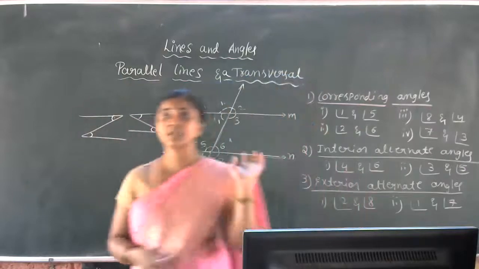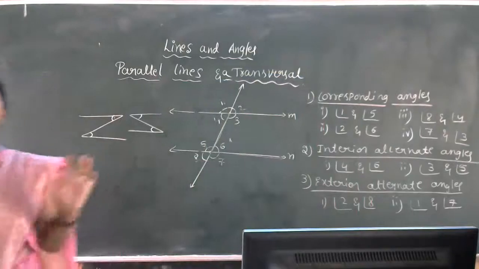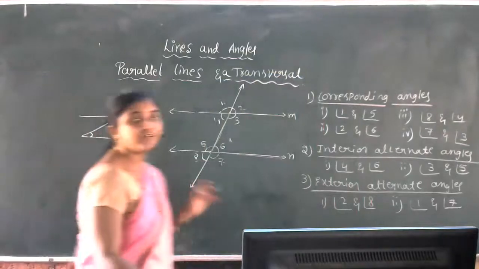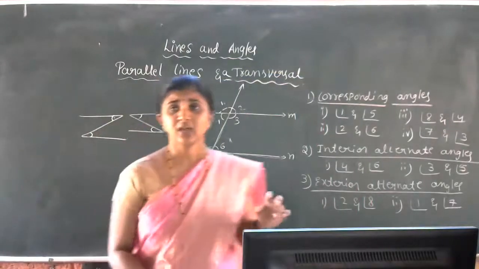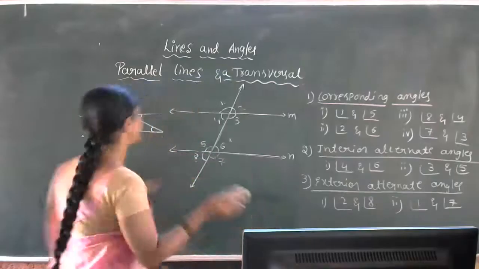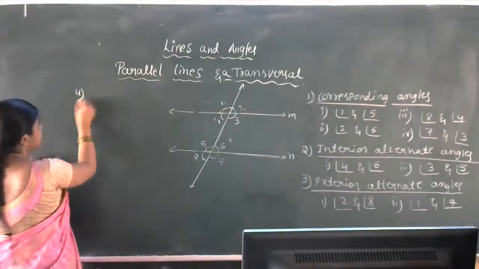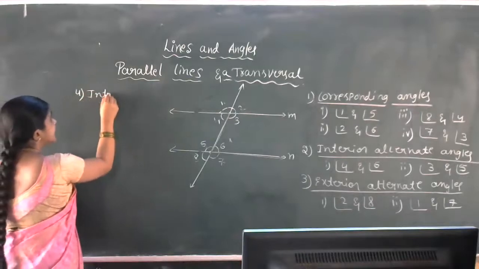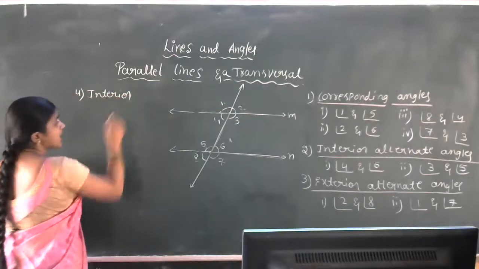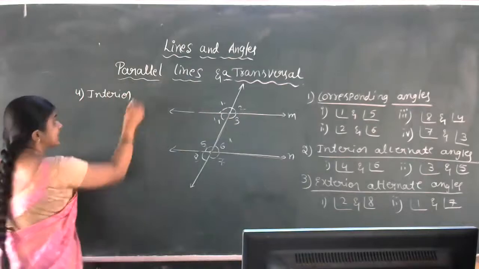Now, this is about the third classification. Can you tell me the fourth one, which is the next one? Same side of the transversal. Yes, Aryan gave the answer. The fourth classification is very important, students: interior angles on the same side of the transversal.